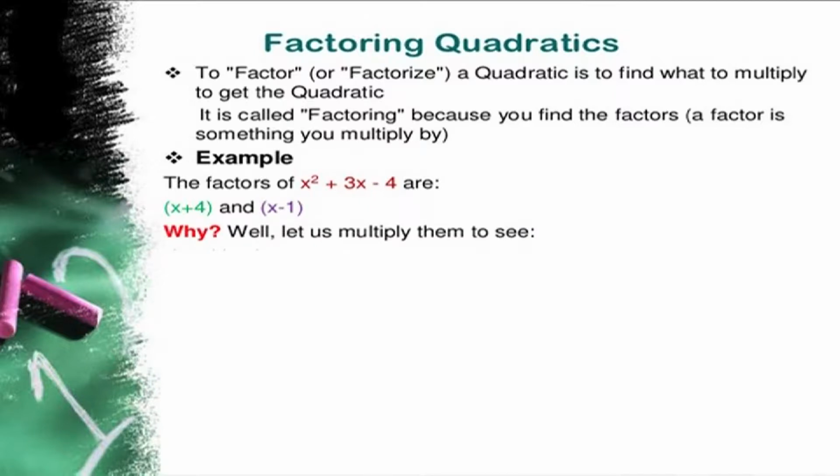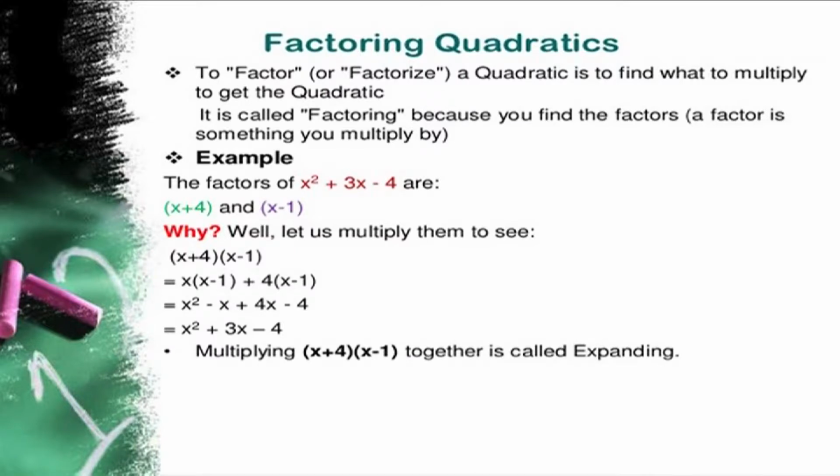Why? Well, let us multiply them to see: x plus 4 multiplied by x minus 1. You will get x multiplied by x minus 1 plus 4 multiplied by x minus 1, which gives x square minus x plus 4x minus 4. You will find x square plus 3x minus 4.